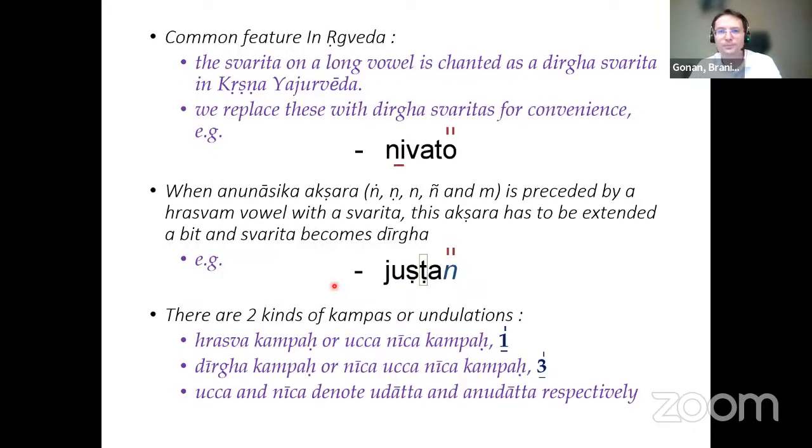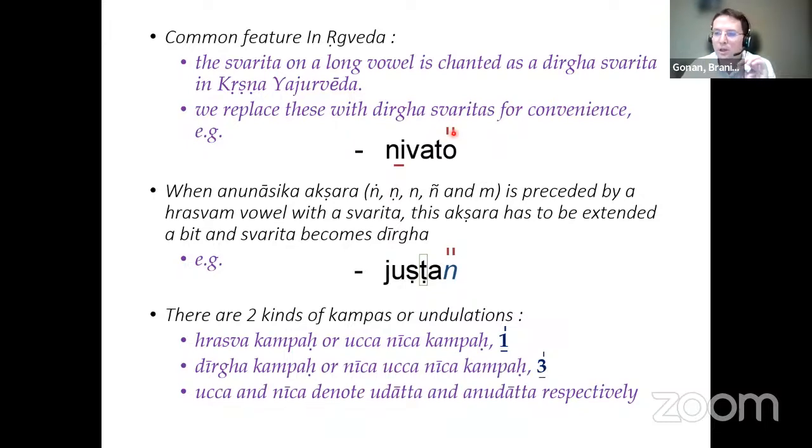Okay, and then svarita on a long vowel is chanted as dirgha svarita, like in Krishna Yajurveda. Because we have used these Dirgha Svarita markings, for convenience we left it like this.